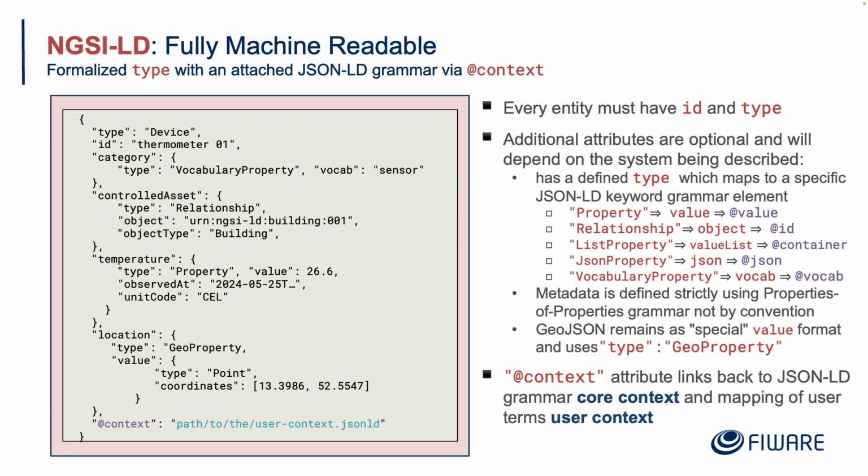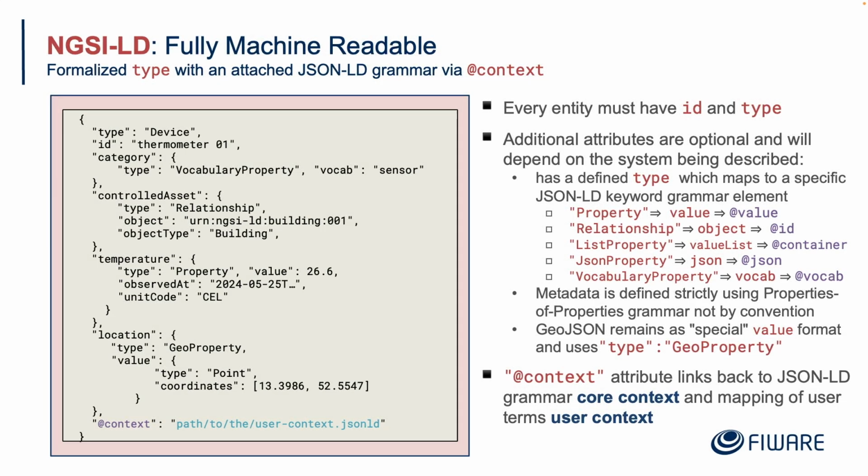Now, the ETSI committee have defined that the temporal values are not time instant, but are observed at. And observed at is one of these keywords which is always used within an NGSI-LD format. And you notice that there's no longer a metadata element.